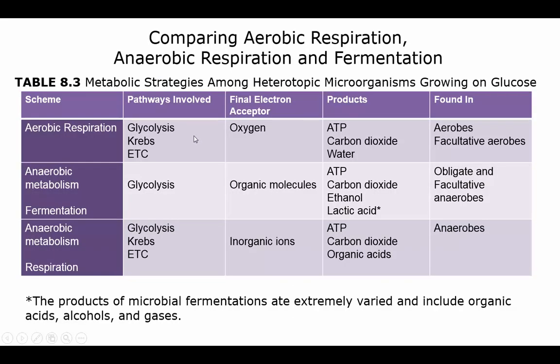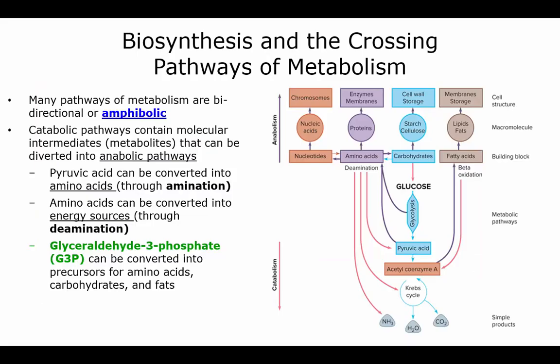And again, here's a great chart for helping you to break down what happens in aerobic respiration, what happens in anaerobic respiration, what happens in fermentation. And again, it kind of helps you to see that cells are very efficient. They use what they have, and if something's not available, they've learned other mechanisms to try to get the energy that they need to survive.